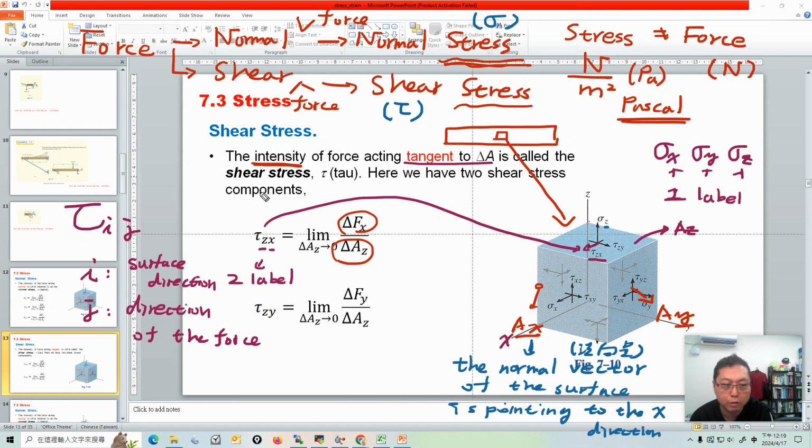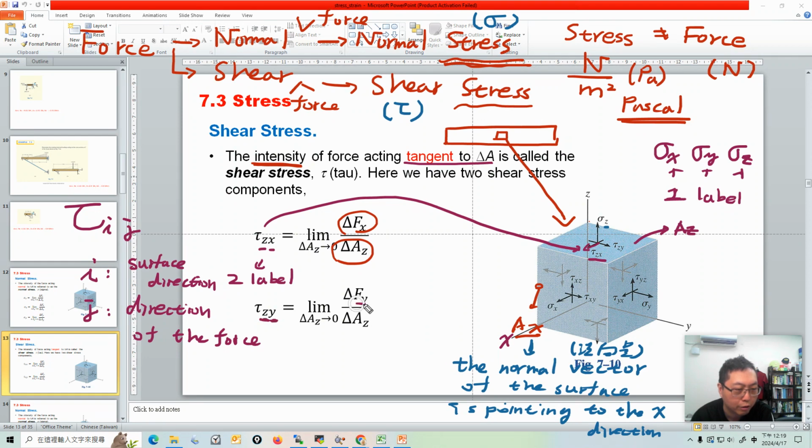Let me erase the other example and look at this one. Here is tau zy. The second label is the direction of force. What that means is the force is acting along the y direction and it's on the Az surface.